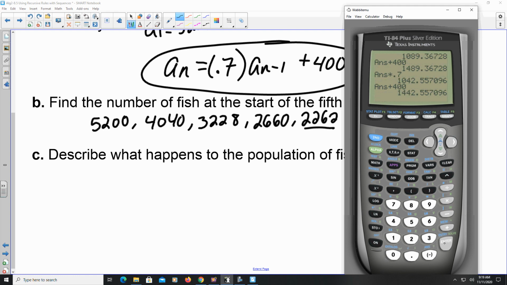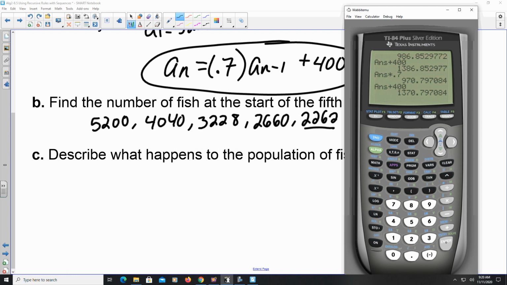All right, still going down just a little bit more. Let's see what we got here. All right, so now we're at 1386 times 0.7 plus 400.